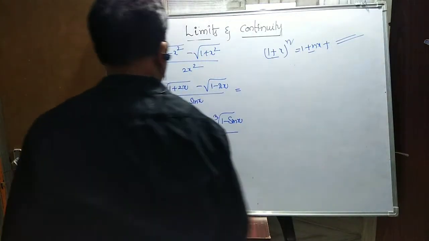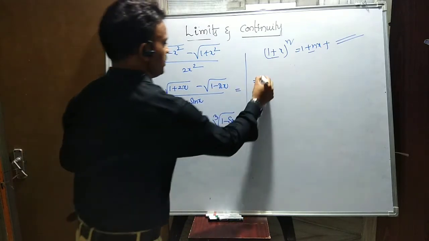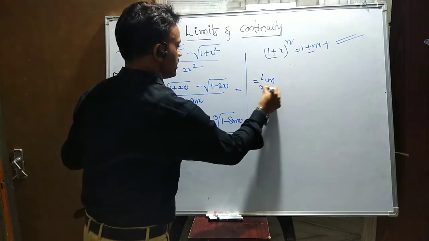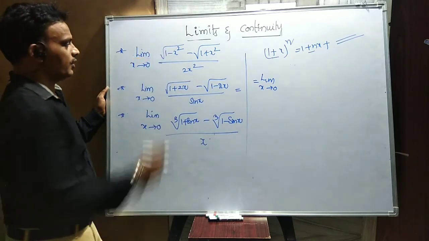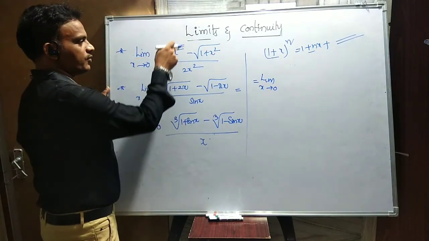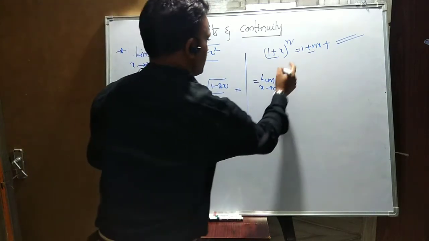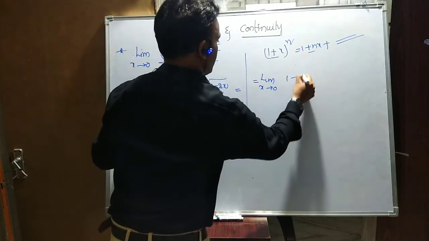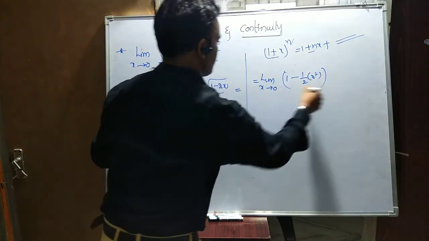Coming to the first problem, according to this, I am going to expand this one. The first one is limit x tends to 0, of 1 minus x square raised to the power of 1 by 2. According to that, you can expand, which can be written as 1 minus 1 by 2 of x square. The first term, am I right?